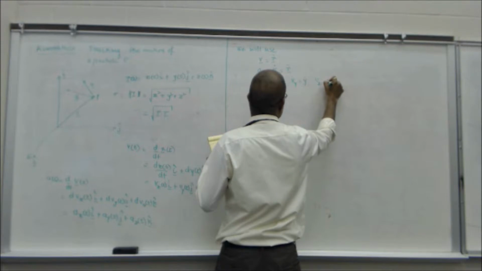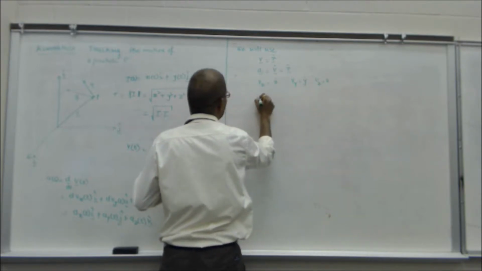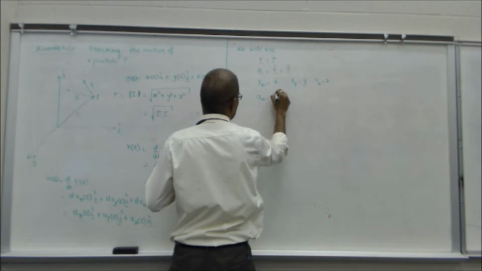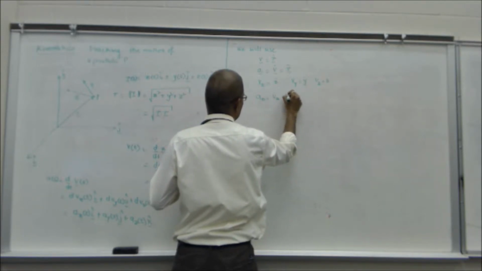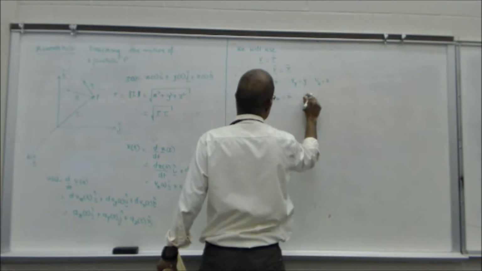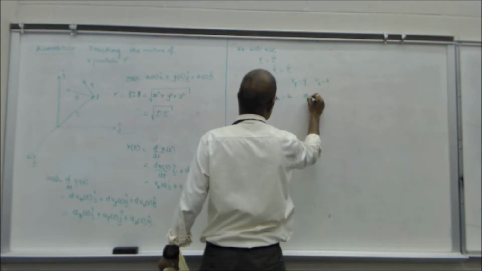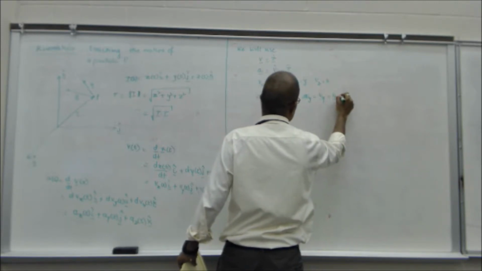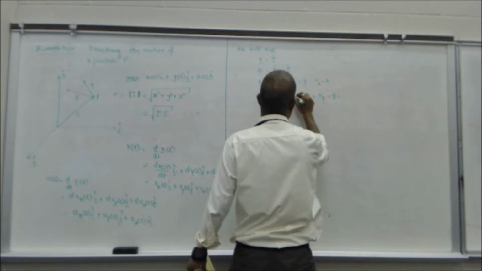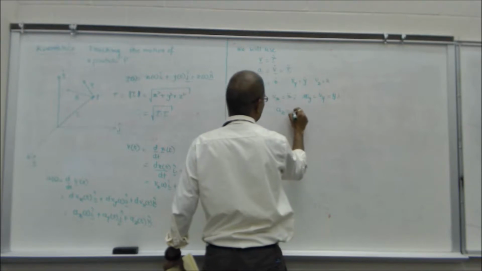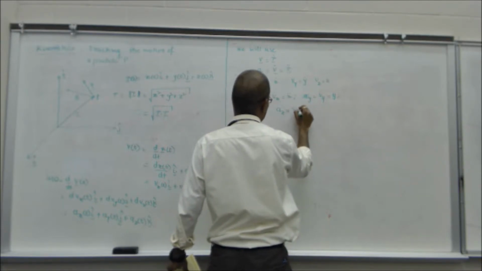Vz is equal to z dot. Similarly, ax is equal to Vx dot, which is x double dot. ay is equal to Vy dot, which is y double dot, and az is equal to Vz dot, which is z double dot.